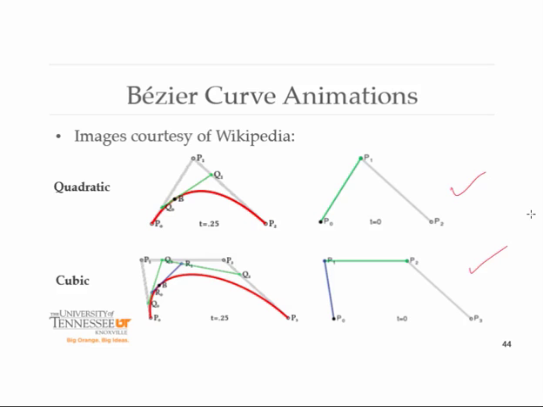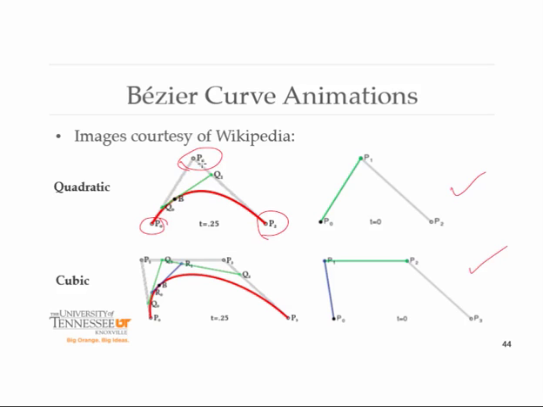But over here, what you've got illustrated is a quadratic Bezier curve. And again, for a quadratic you have 3 control points, and they're indicated here. Here's P0 right here. P2 is right here. And here's that interior control point, P1.